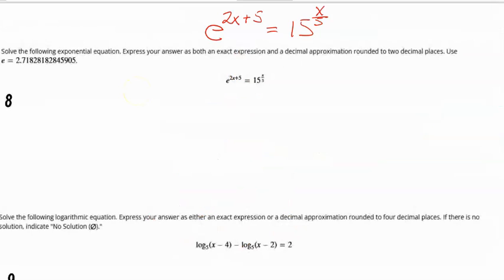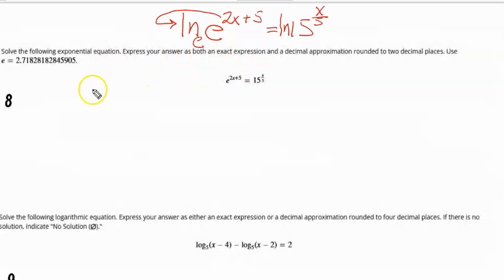And item 8 here, we have this equation. Again, what would the protocol be to solve? Well, again, since this is a natural log, base e of e, this will be natural log, base 15, and then this. Let's write it out.